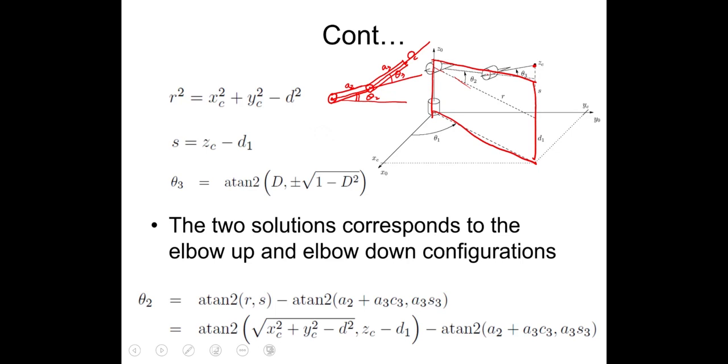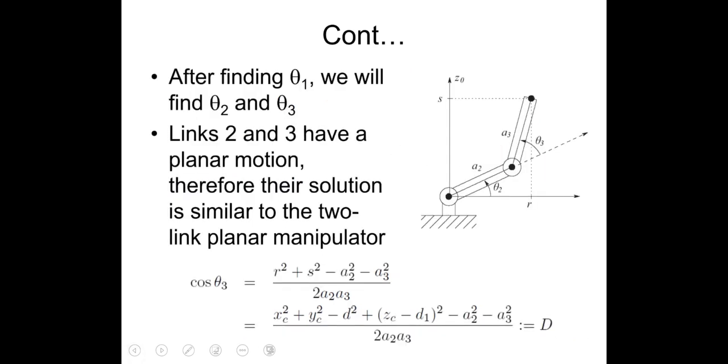Okay, and then that is the same as this one. So this is how this side view comes from, and then we can do the analysis. So if we want to calculate theta 2 and theta 3, let me start with theta 3.